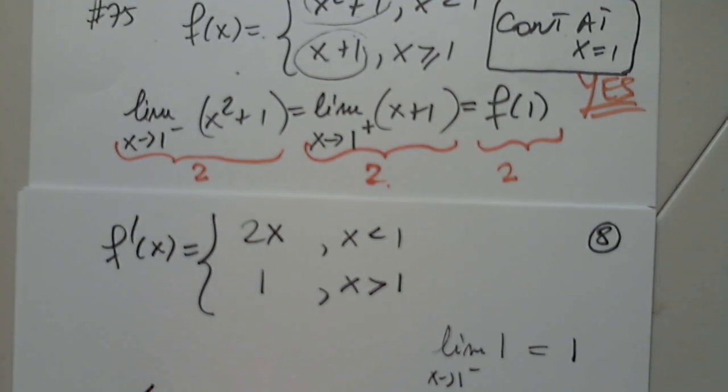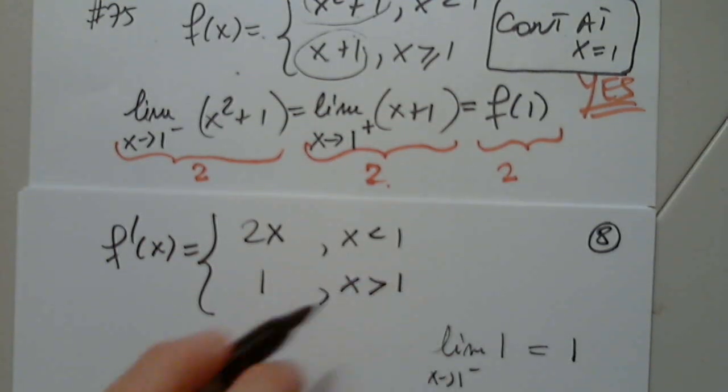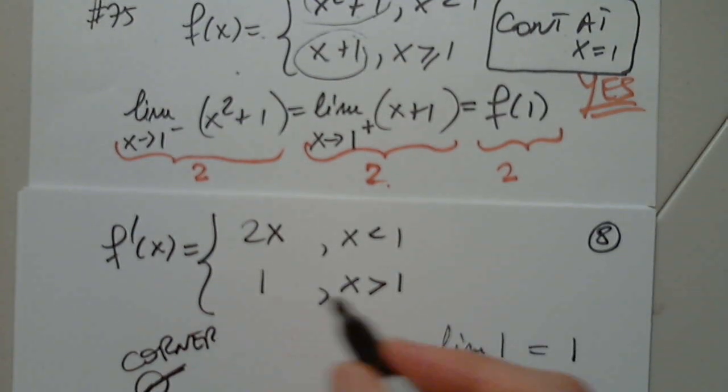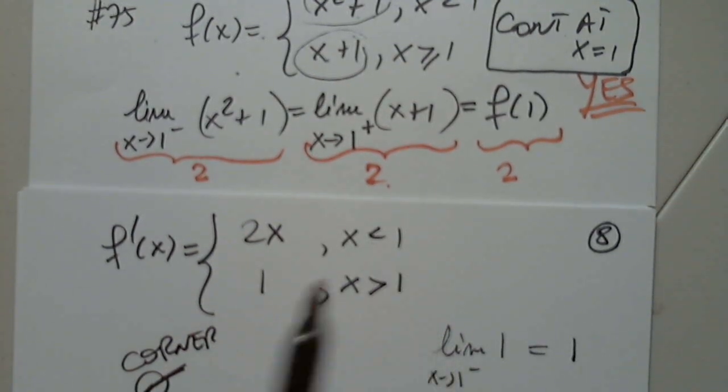the slope here at this point on the left is 2, and on the right is 1. So this is more steep than this one. So this definitely is a corner. We're going to graph it in a moment. So the limit from the left is 2, which means the slope on this side is 2.